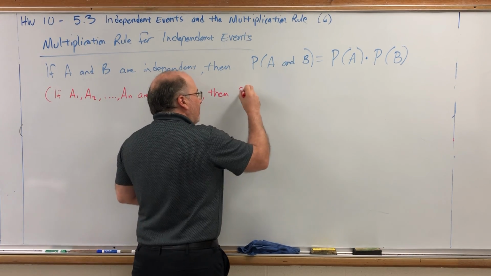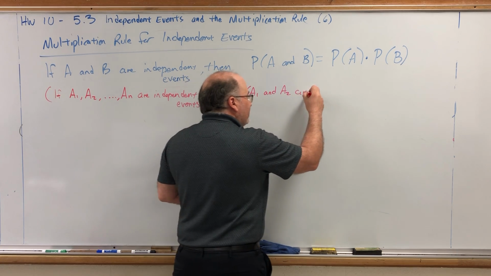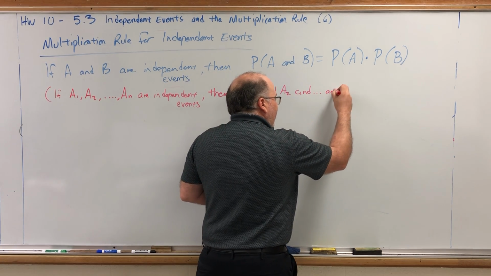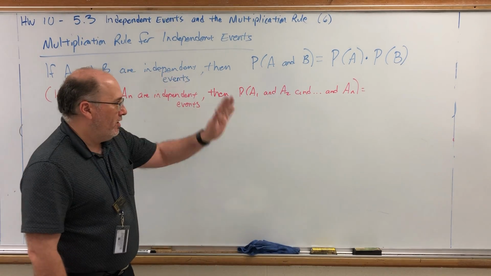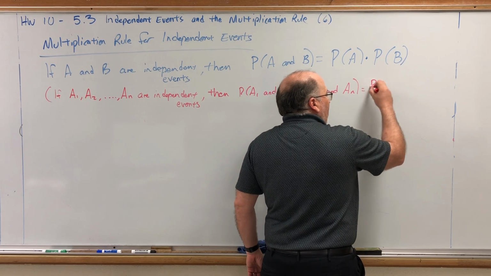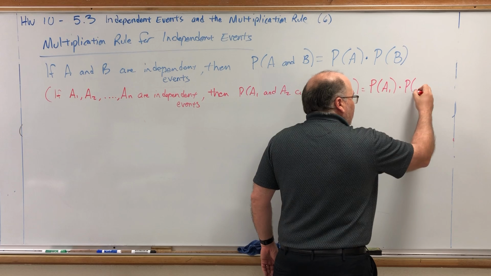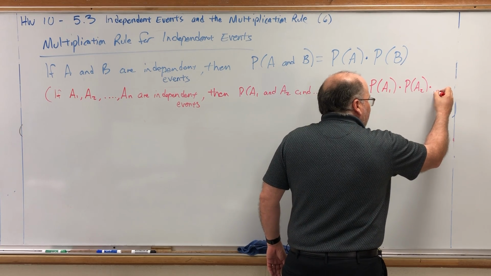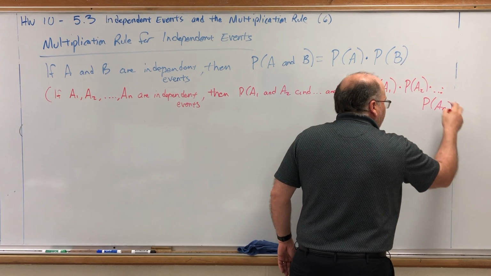Then the probability of A1 and A2 and so on through AN, in other words, the probability of all of those events happening, is just their individual probabilities multiplied. The probability of A1 times the probability of A2 times all the way down to the probability of AN.